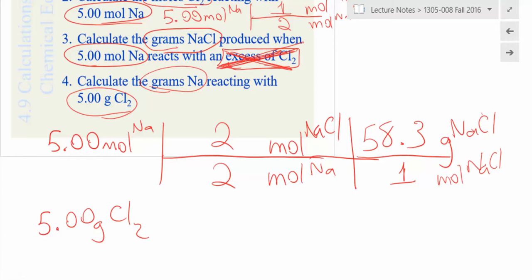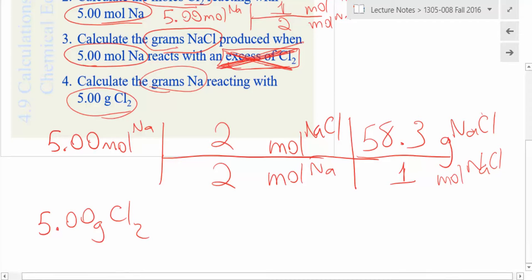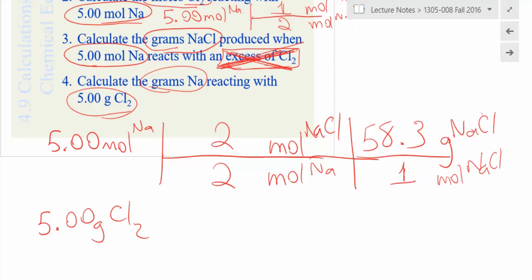How do I know? Because grams is involved. Whenever grams is involved, there's more than one step. If it was in moles, and I was going to the moles, it would be one step. But because it's grams, and I'm going from one thing to another thing, from chlorine to sodium, I know that there's more than one step.